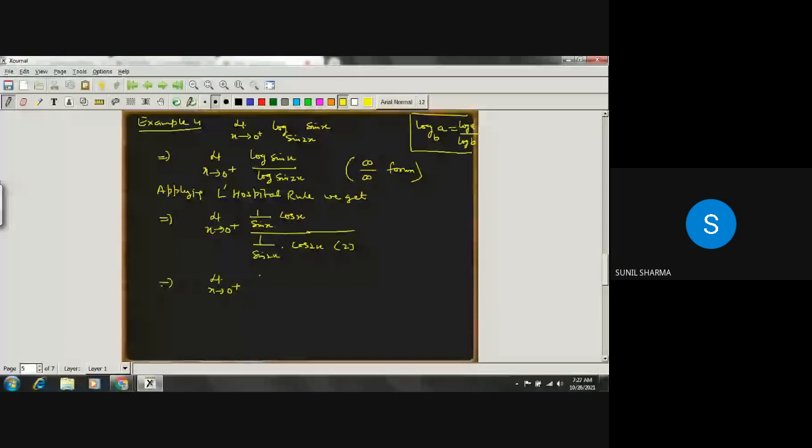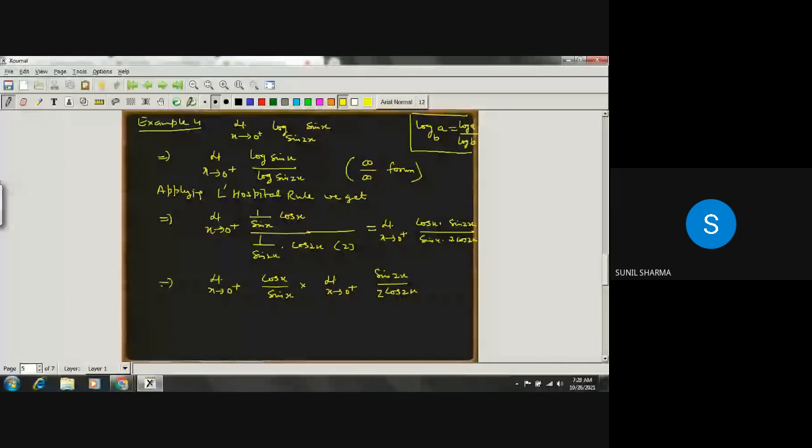We can write this as cos x upon sin x into limit x goes to 0 positive sin 2x upon cos 2x into 2 cos 2x. In the next step, we can write this as limit x goes to 0 positive cos x into sin 2x divided by sin x into 2 cos 2x.